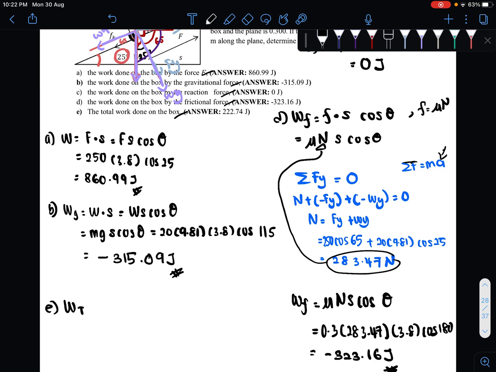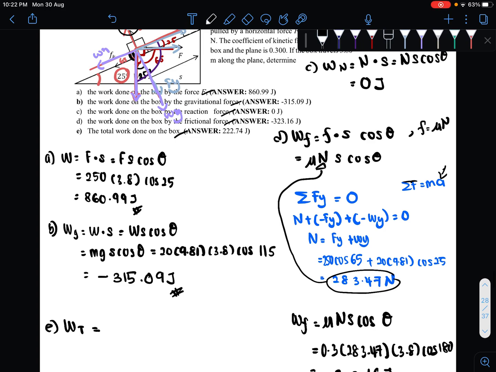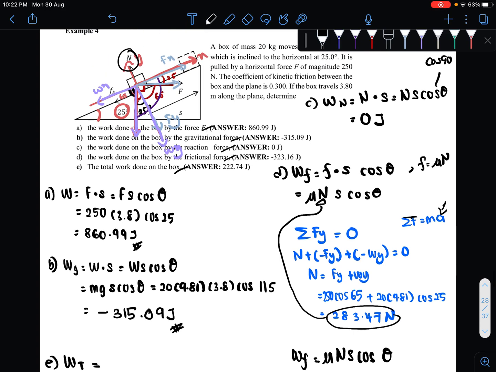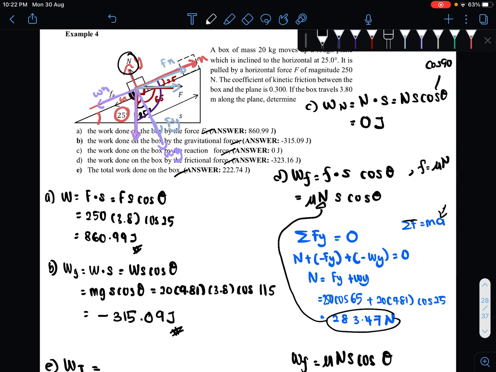And then lastly, the last question here is to find the total work done. To find the total work done, apa kita akan buat lah? We are going to add all the work done by all the forces acting on the object. Okay? Kita tengok balik soalan. Kita ada berapa banyak forces acting on the object.